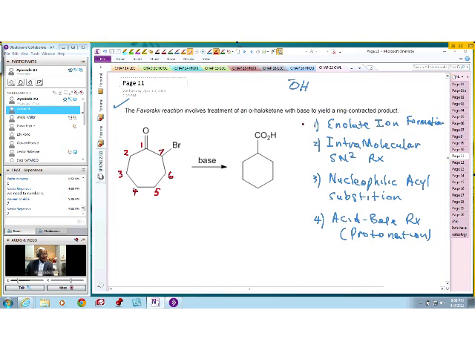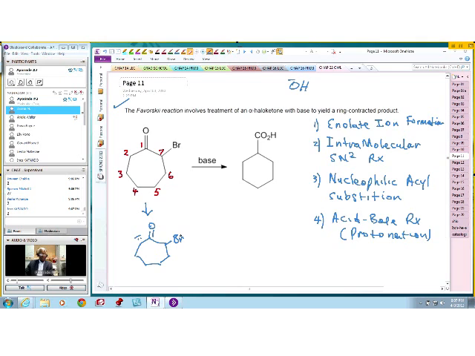No, 7 is not right. Look at step 2, because step 2 will give you a guide as to what step 1 should be. Somebody said you form the enolate ion here. That is correct. You form the enolate ion on carbon number 2. So I want you guys to guide me through this. So we form the enolate ion here.